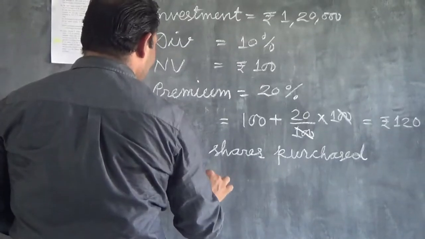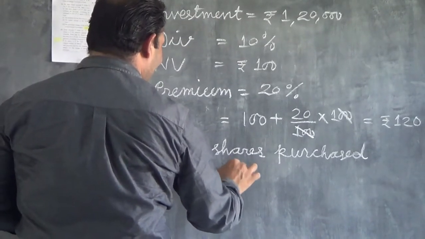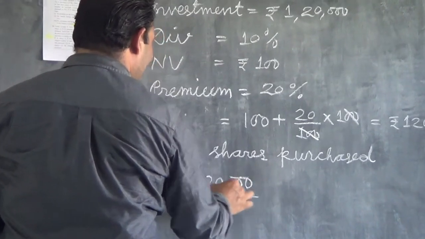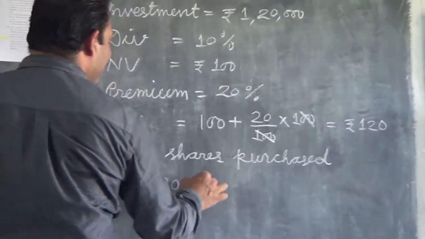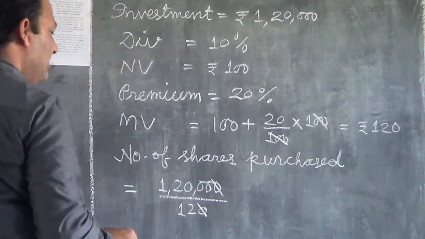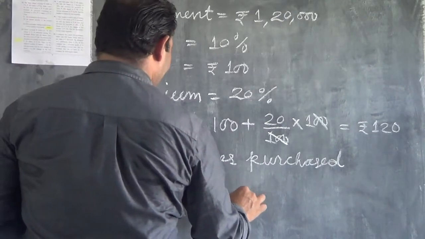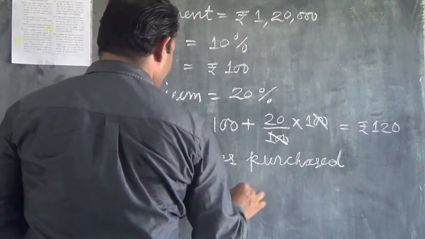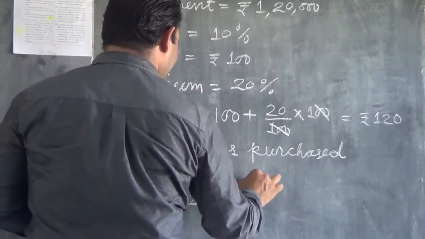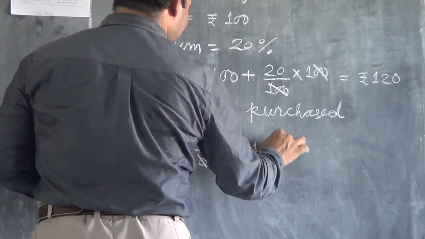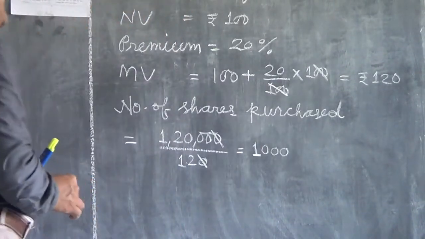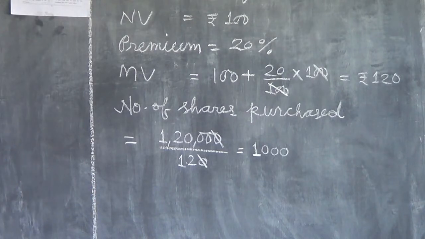Investment 1,20,000 divided by market value 120. We can cancel here. 12 by 12 is 1, and then 1,000. So 1,000 shares were purchased.